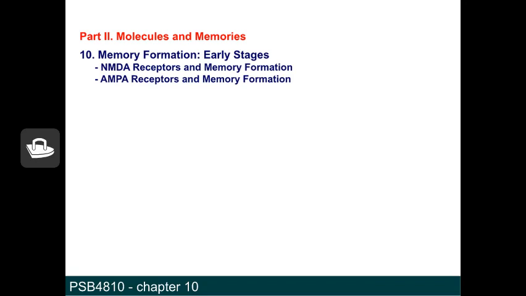So I suppose I actually have two goals overall in this lecture. One is to illustrate some examples of the ways in which genetic manipulations have been used to explore circuits in the brain, and the other is to advance our understanding of the early stages of memory formation in relation to the dynamics of NMDA receptors and AMPA receptors.